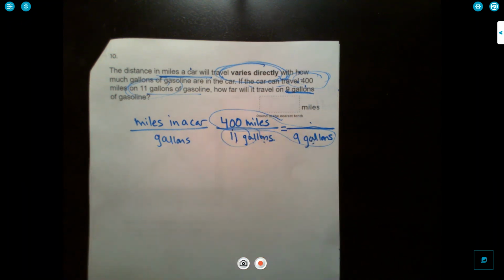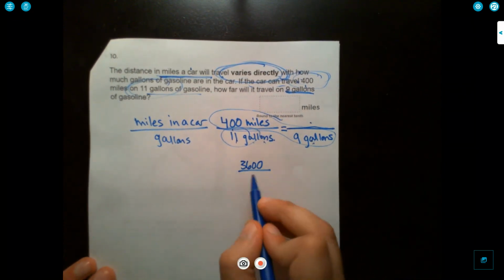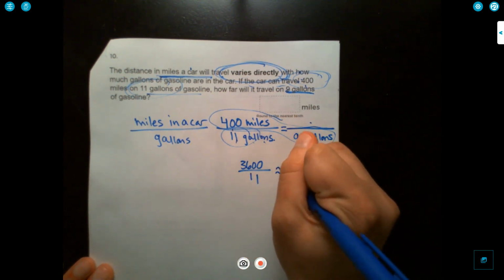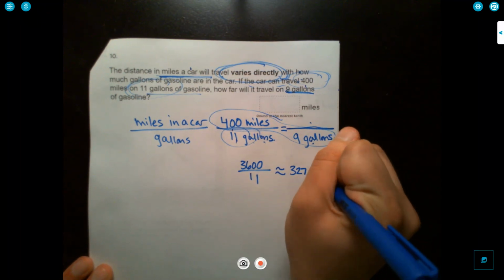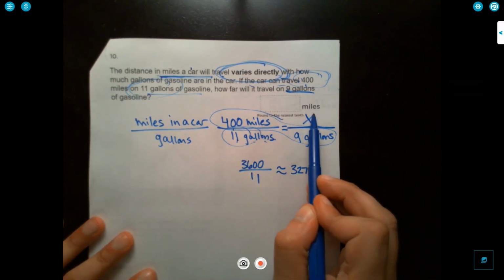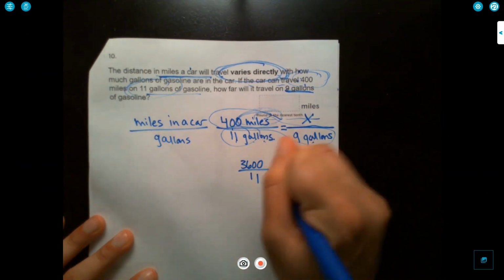All right, so 400 times 9, I get 3,600. And then we're going to divide that by 11. And we get roughly 327.3. We'll round to tenths. And since it goes right here, it's on the numerator, it's miles. So that answer is going to be miles.